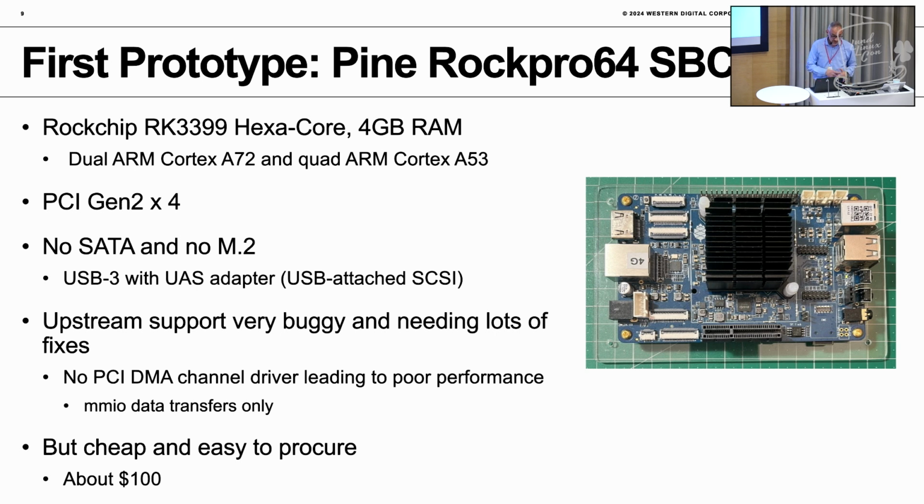So this is only PCI Gen 2. There's no extension for backend storage with SATA or M.2. There is, however, USB 3, so you can plug whatever storage through USB 3, so that's kind of a fallback here.